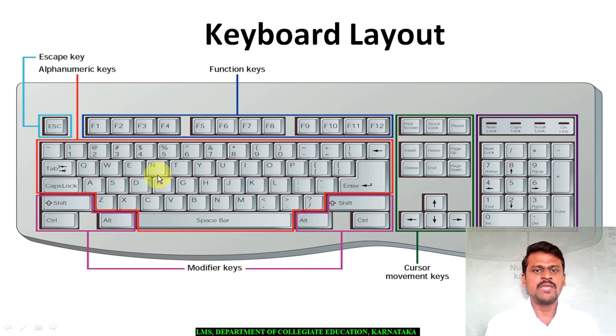You can use those alphabets in uppercase or lowercase by pressing caps lock. If caps lock is on, then these keys will be uppercase. If caps lock is off, then these keys will be lowercase. Or you can use the shift key for making the letters upper and lower case, right? So these are some of the alphanumeric keys.